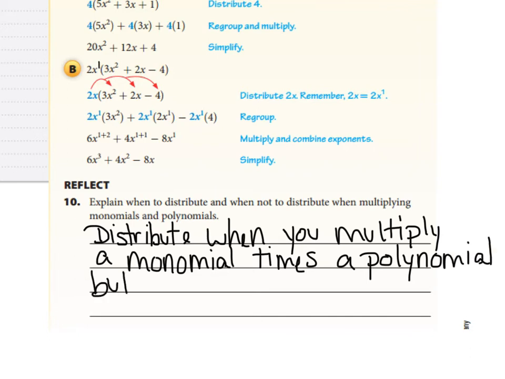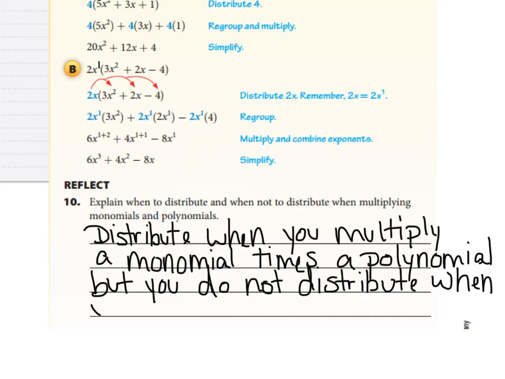But you do not distribute when you multiply two monomials.